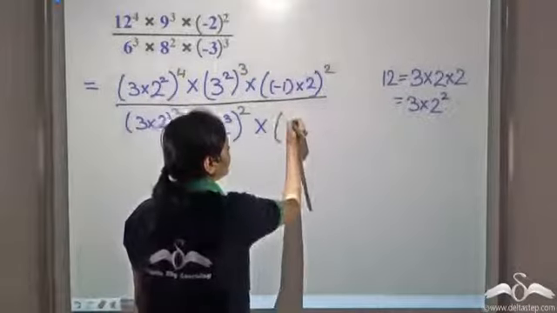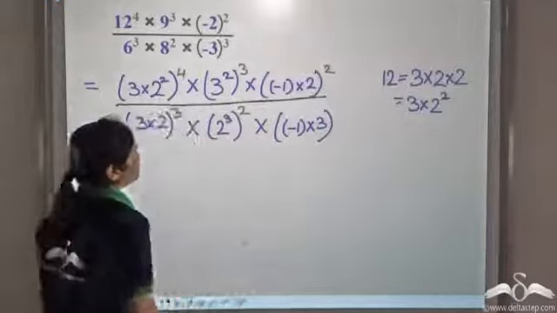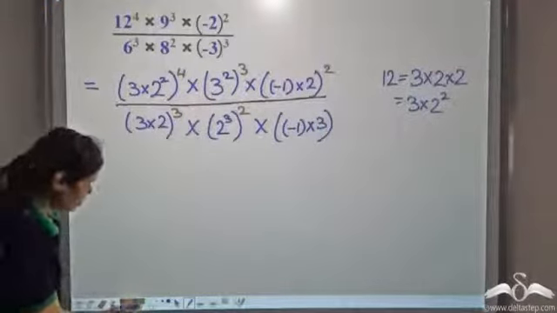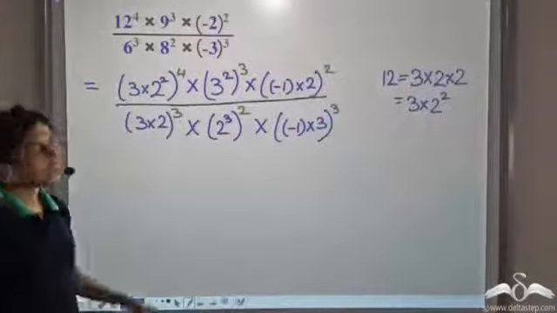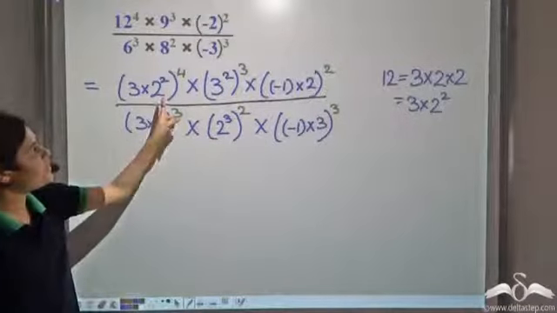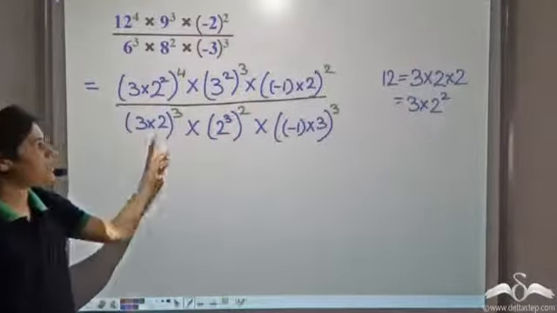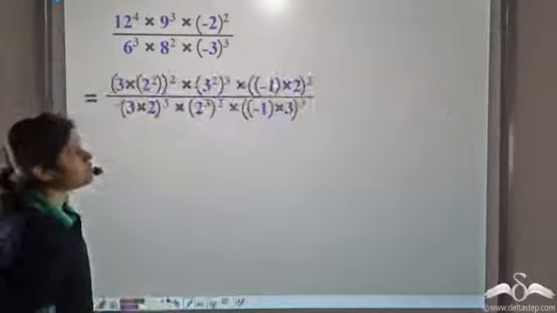Negative 3 is negative 1 into 3 to the power 3. So this thing whole to the power 3. So this is what we have on the denominator. We have written down everything in terms of its prime factors. So this is what we have.